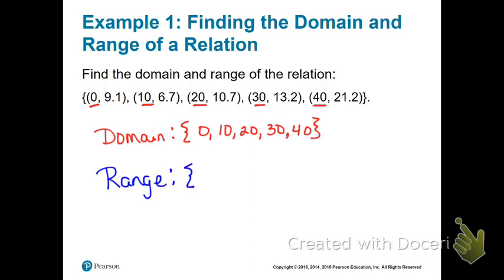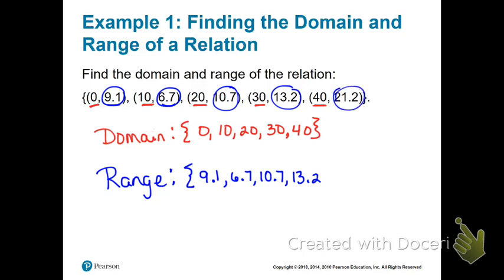So our range is going to have the set of numbers that include 9.1, 6.7, 10.7, 13.2, and 21.2. And so that is our domain and range.